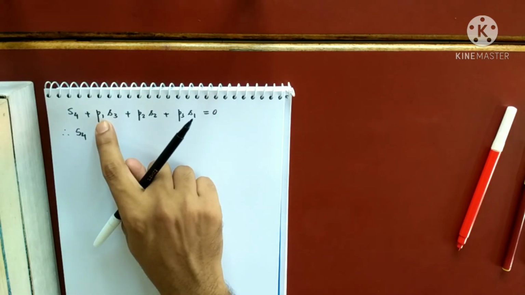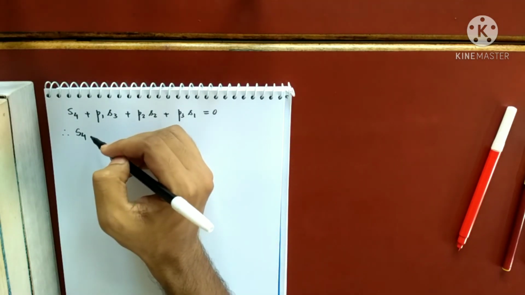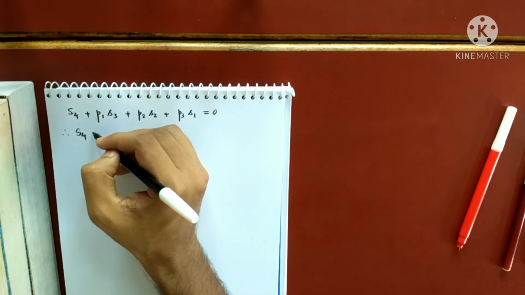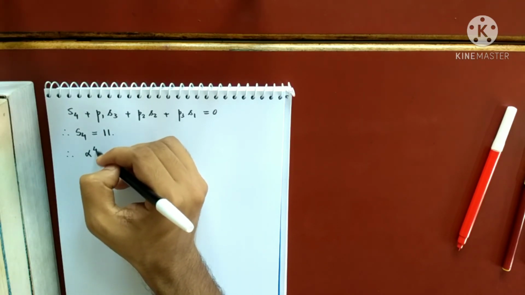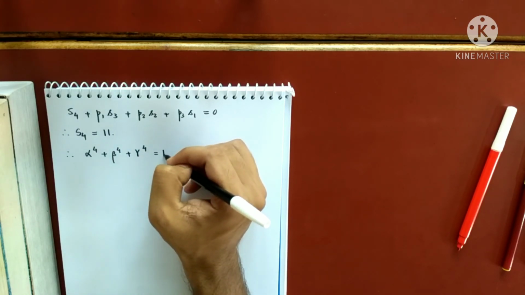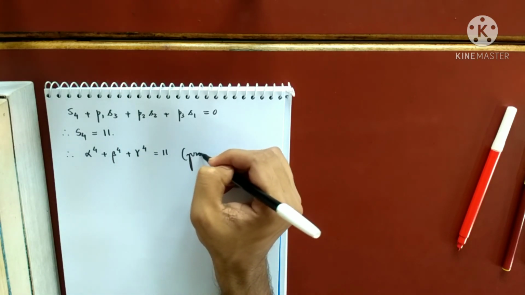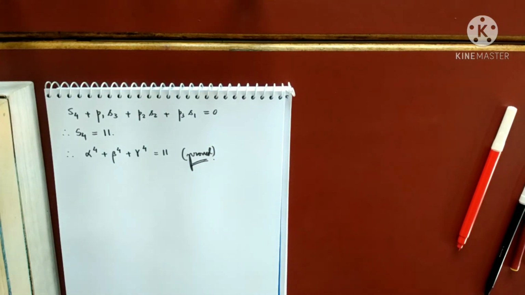Just put down the values of P1, P2, P3, S3, S2, S1 and tell me whether you are getting 11 or not. And therefore, alpha to the power 4 plus beta to the power 4 plus gamma to the power 4 is going to be 11. Just check whether you are getting S4 to be 11 or not. Yes, then very good. That's all for today. Thank you.